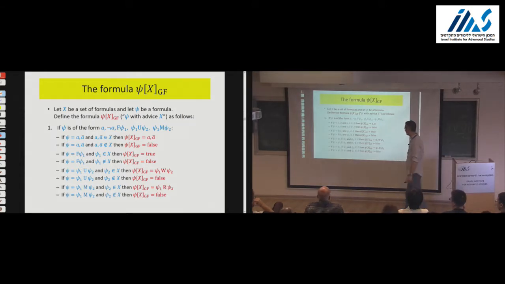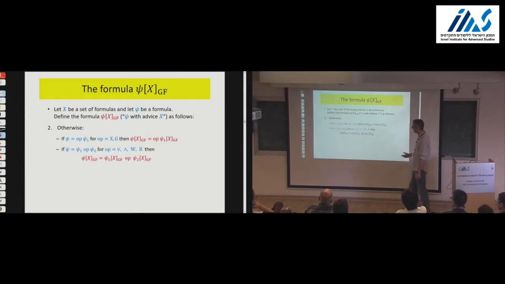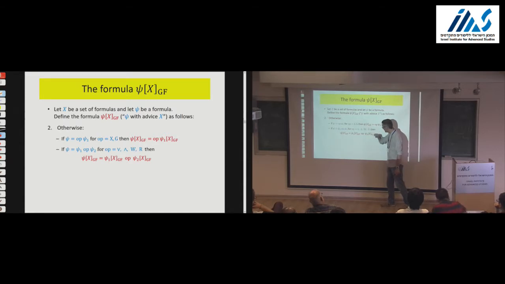Anyway, and then the M, this operator that we don't even know what it means, but it's some kind of dual, so it doesn't really matter. And what happens with the other formulas, the formulas of the form next something or G something? Well, you just propagate the operation of taking the advice inside, or you make it distribute over OR and AND.